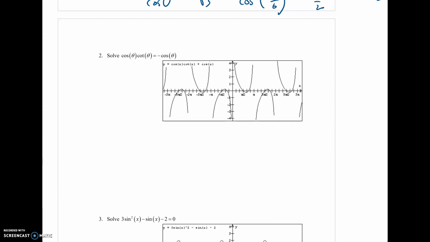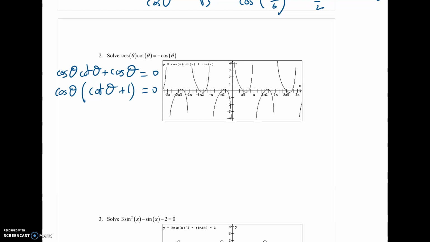So what we are going to do is rewrite cosine of the angle theta multiplied by cotangent of the angle theta plus cosine of the angle theta equals 0. I can factorize cosine theta, so cosine theta is a common factor. It's equal to cosine theta times cotangent theta plus 1 equal to 0.